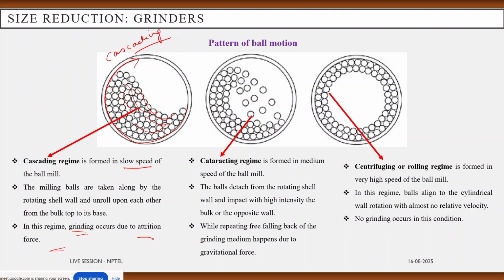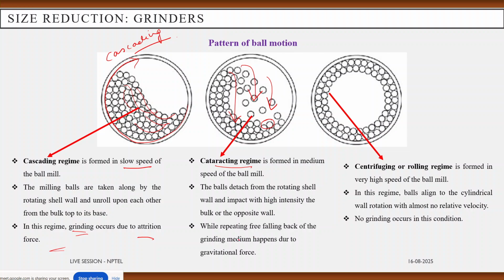The second part, when you are slowly increasing the speed of the ball mill, it follows the cataracting regime, where the balls detach from the rotating shell and fall down due to gravity. And when they fall down, they create impact force. So in this cataracting regime, we have two kinds of forces.